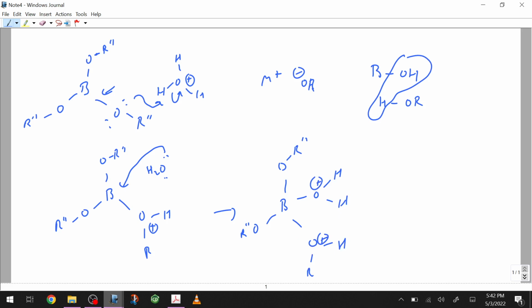It may be a better idea to have drawn the nucleophilic attack and a neutralization first. The order is not critical because they are all happening in equilibrium simultaneously. But if I did that, I'm here with now an OH group, 2 OR groups, and I also have a negative charge on the boron again because I now have 4 bonds to it.